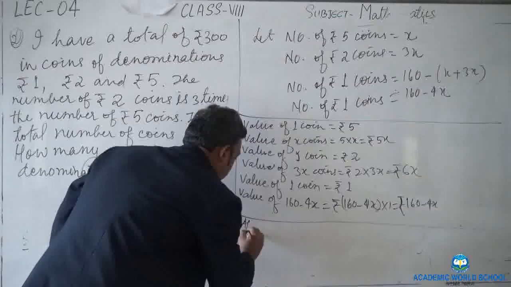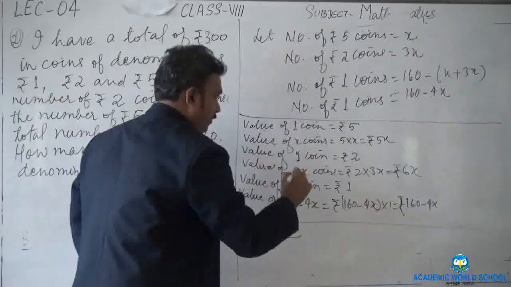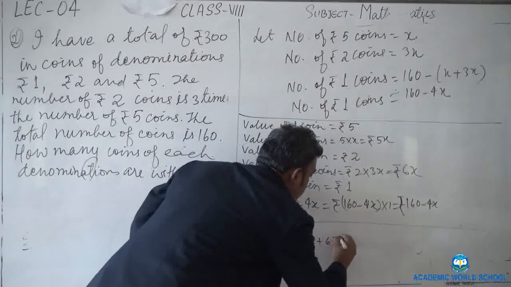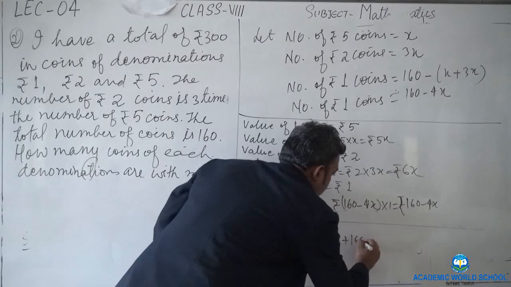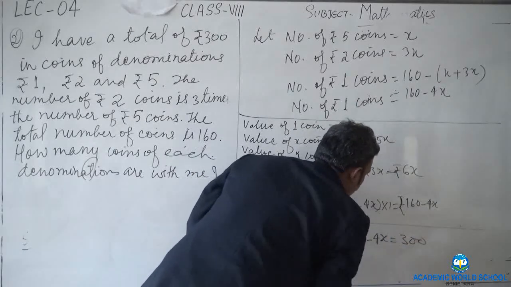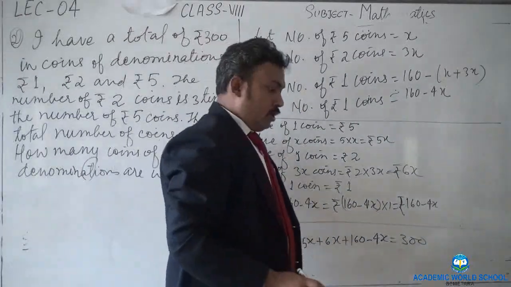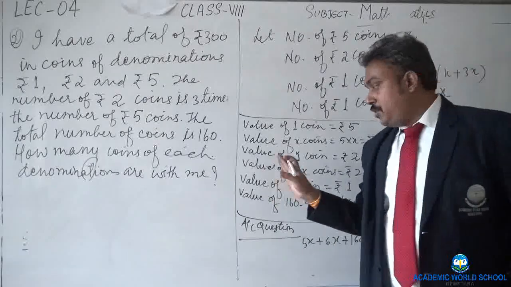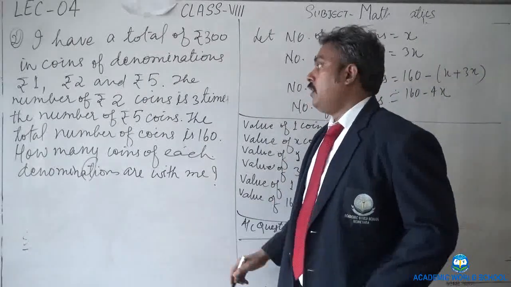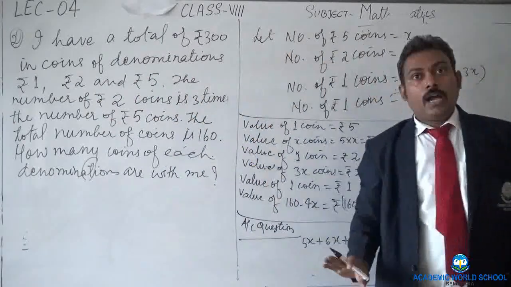So we write according to the question: 5x plus 6x plus 160 minus 4x equal to rupees 300. This is the equation we will get, right? So you will solve this equation and verify the result with the help of the number of coins.